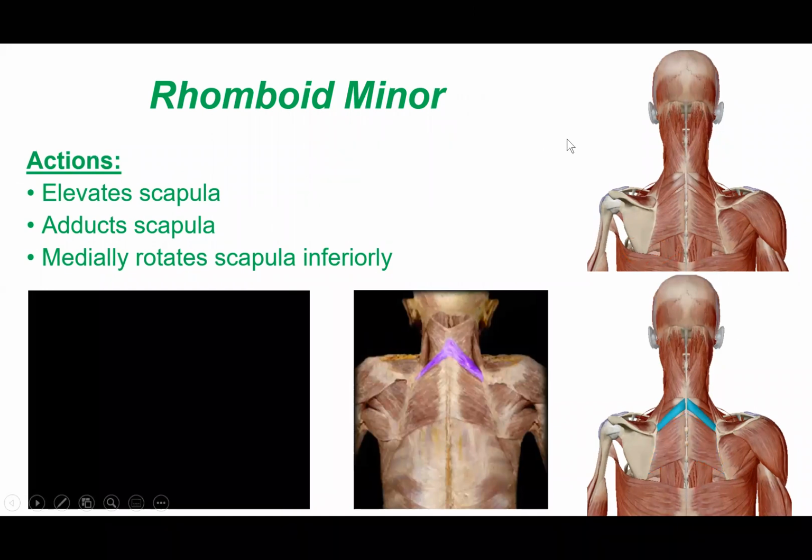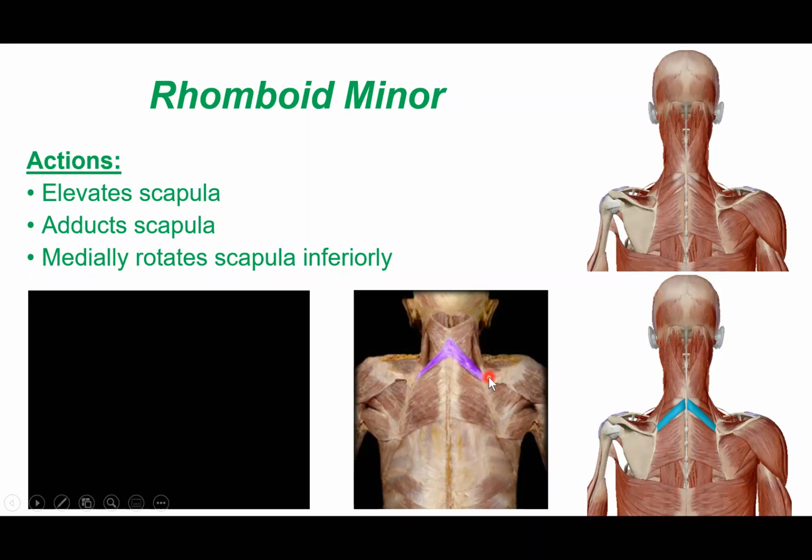As for rhomboid minor, it is located just superior to the rhomboid major. So we can see it highlighted in blue here. So here was rhomboid major, and you can see rhomboid minor just superior to that. And then our cadaver image highlighted in purple here is the rhomboid minor.